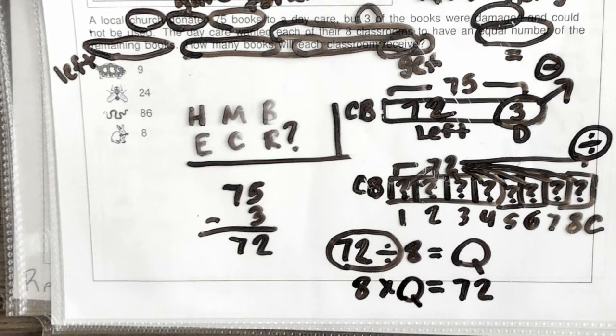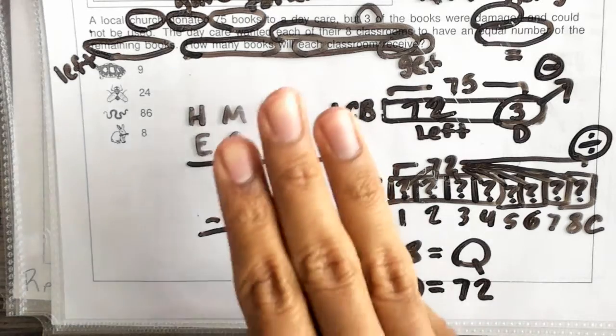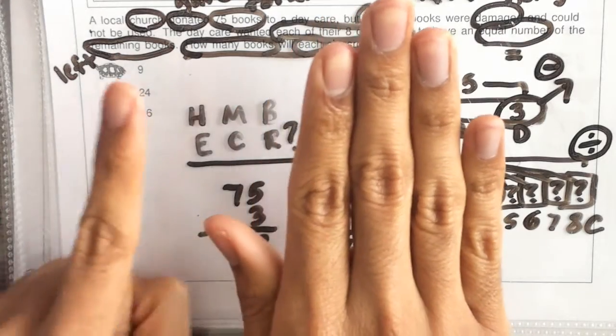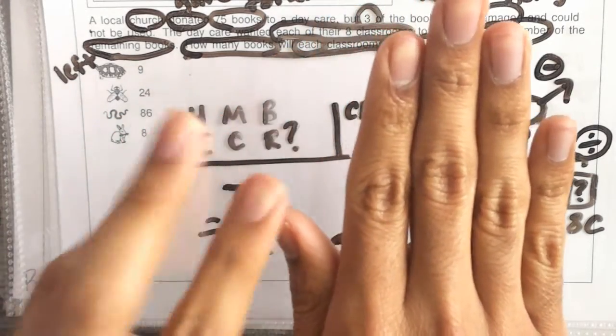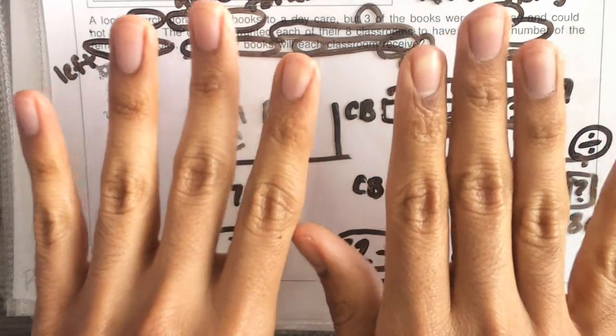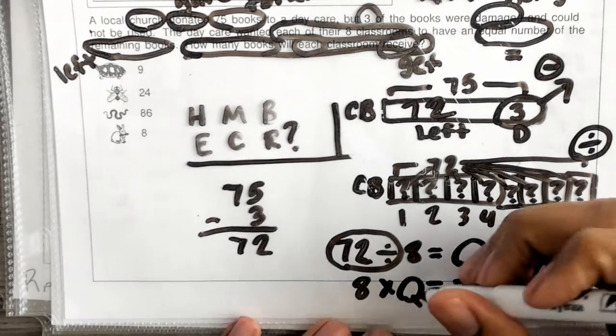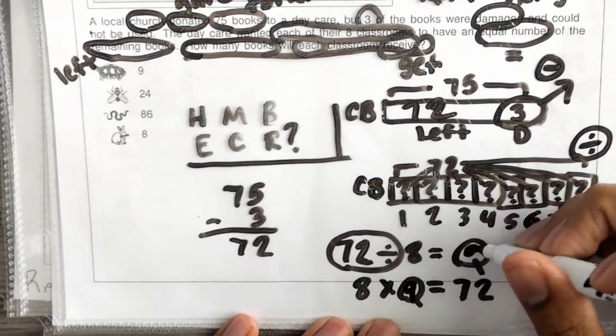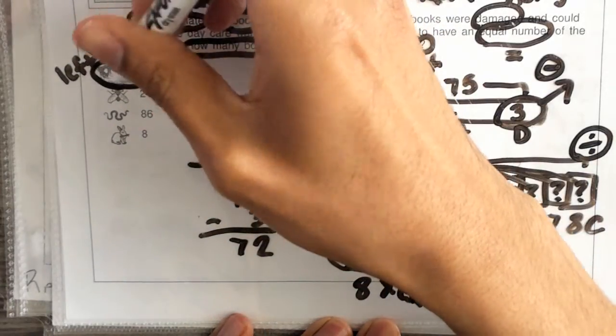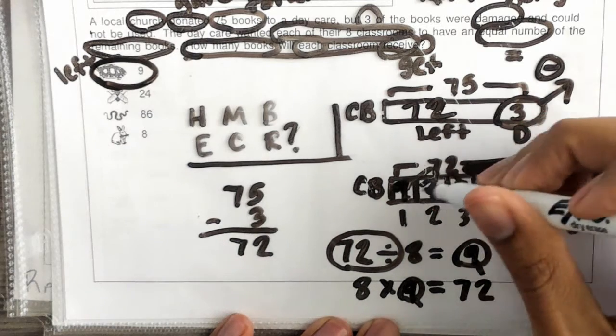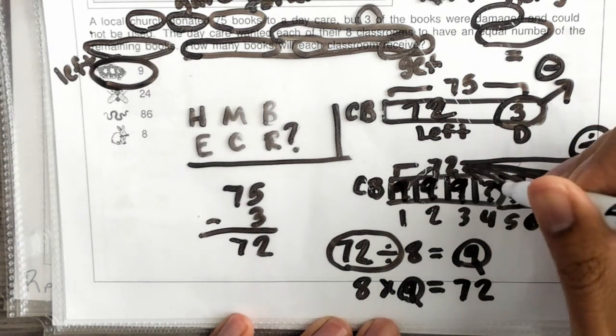So let's sing the 8 song to see what that number could be. 8, 16, 24, 32, 40, 48, 56, 64, 72, and it looks like we have 9 fingers, so our missing quotient is 9. There are going to be 9 books going to each classroom.